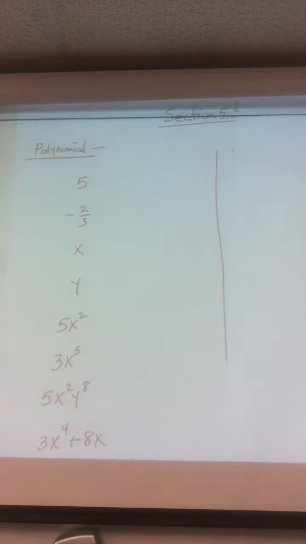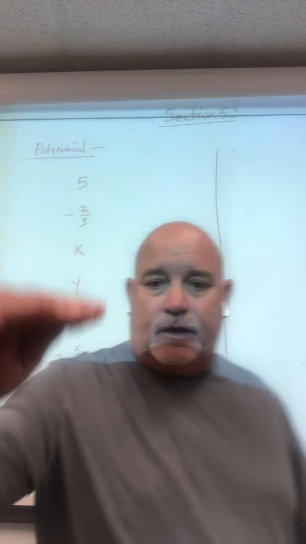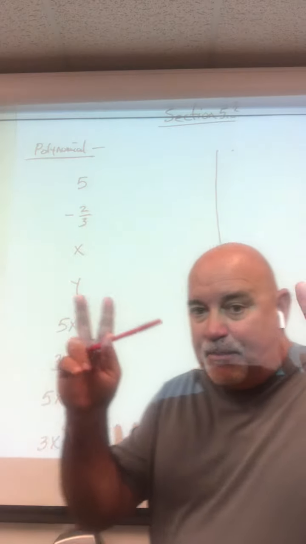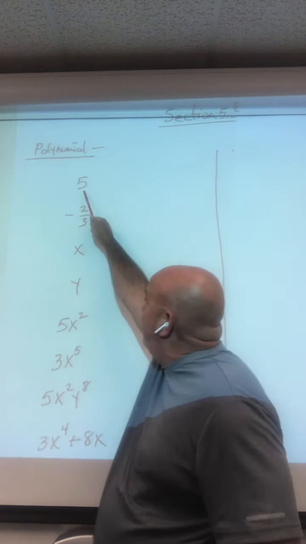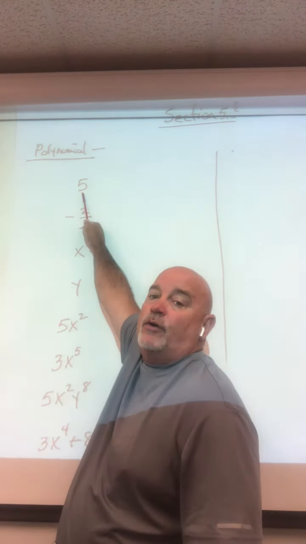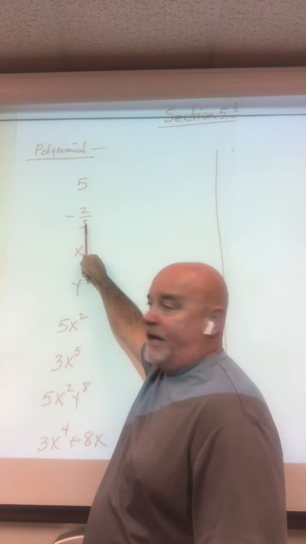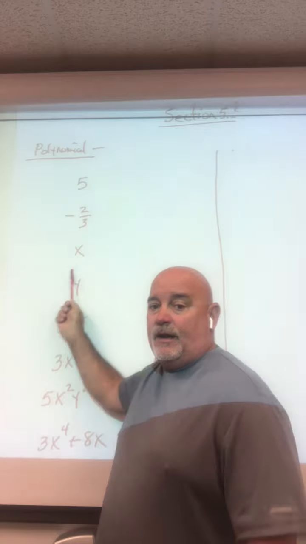So here's why I want you to write these down. I want us to look at these and see which of these up here is a polynomial. So 5, is it a polynomial? Yes. -2/3, is it a polynomial? Yes. X, is it a polynomial?